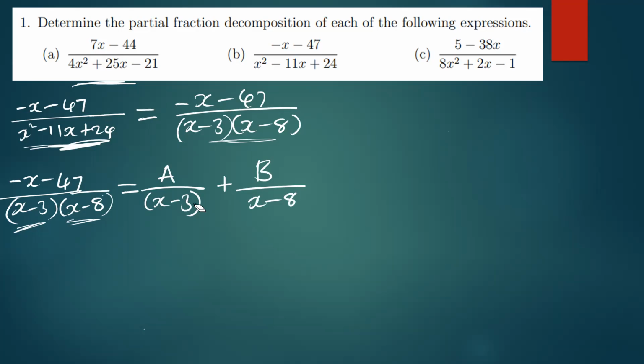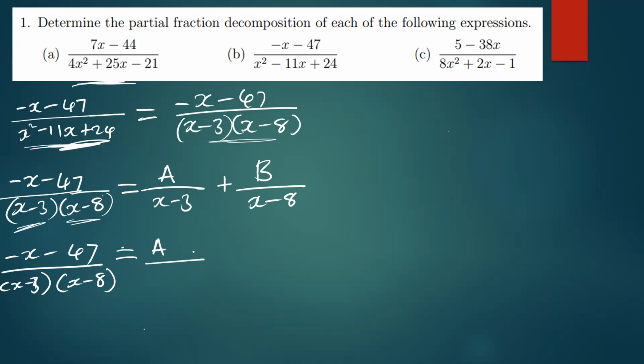The other thing that we need to do here is to find the common denominator. So this side is equal to negative x minus 47, everything over the linear factors we have, x minus 3 and x minus 8. Before we equate this to the standard form, we find the common denominator this side.